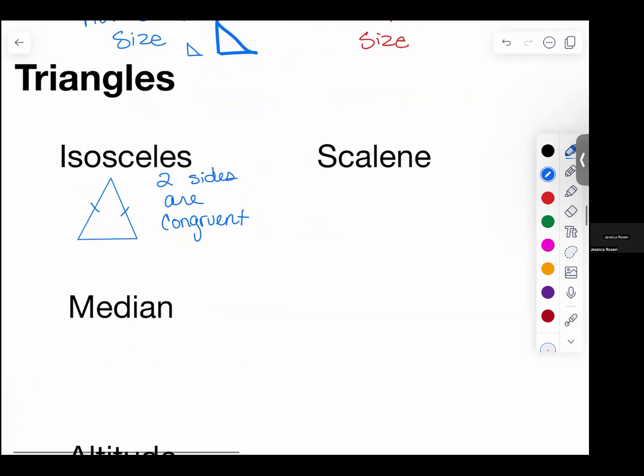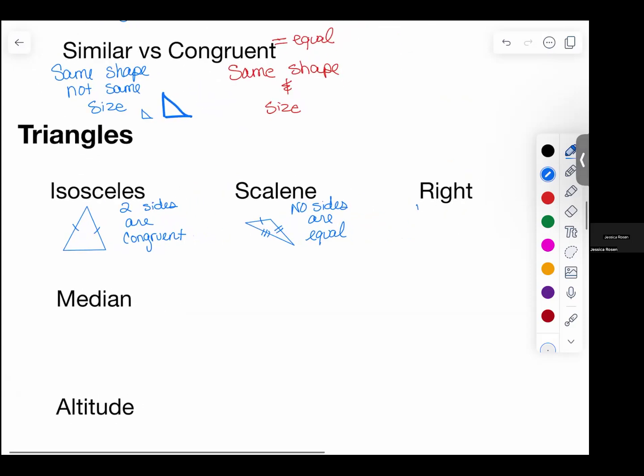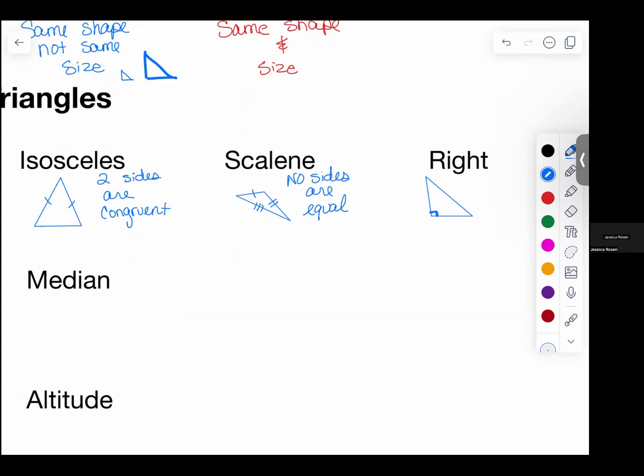And then scalene is going to be when no sides are congruent, so no sides are equal. And then we've already talked about a right triangle. Again, just making sure we know that it comes together at that 90 degree angle, and it will tell us by the little box if it has the right angle. So that is a right triangle.